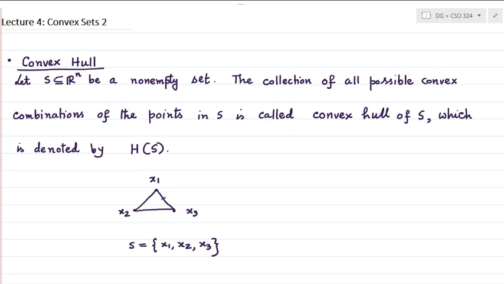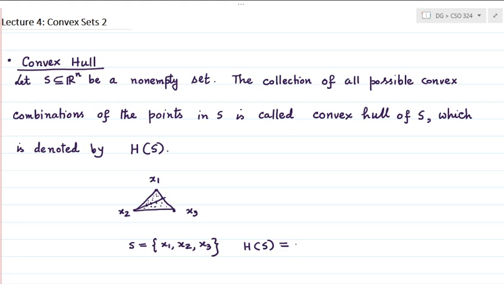Fine. Now you consider the convex combination of x2 and this point. Therefore you notice that any point in this line segment is a convex combination of x1, x3 and x2. And therefore the set of all possible convex combinations of the points x1, x2, x3 is this entire triangle.